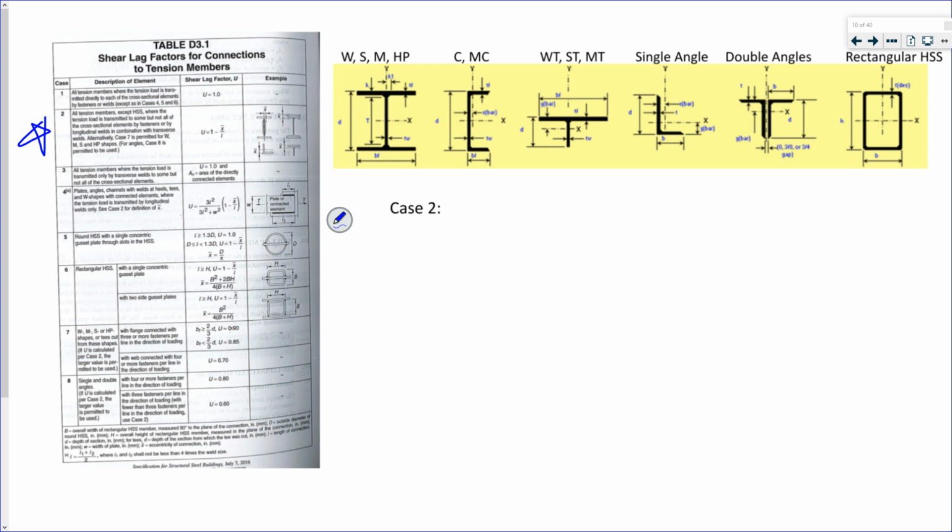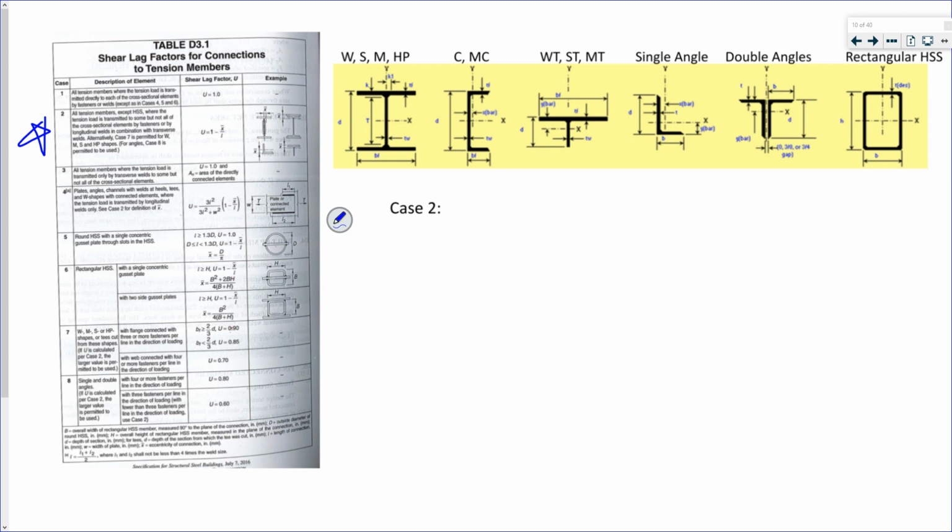Case 2, if you look at case 1, let's just go back to that one. All tension members where the tension load is transmitted directly to each of the cross-sectional elements by fasteners or welds. If every single cross-sectional element is connected, you can use a shear lag factor of 1.